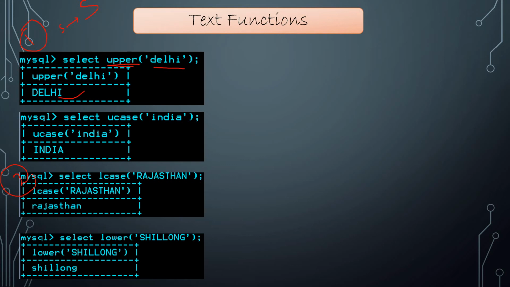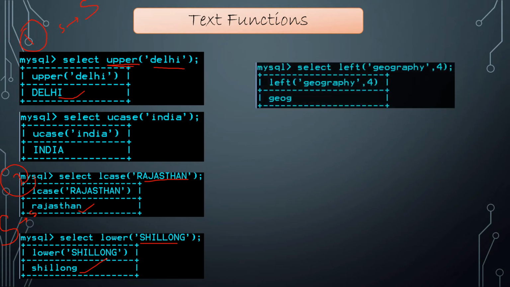So the second function is used to convert capital letters to small letters. You can see the example over here. I am having Rajasthan, which is in capital letters, and now it gets converted into small letters. Same case with Shillong. So lower or LCASE is used to convert the capital letters to smaller ones.